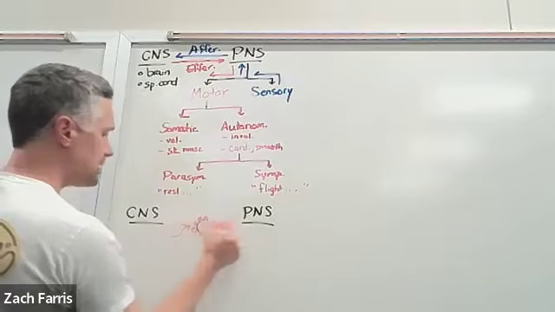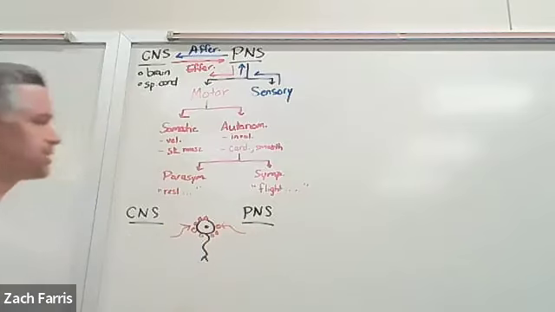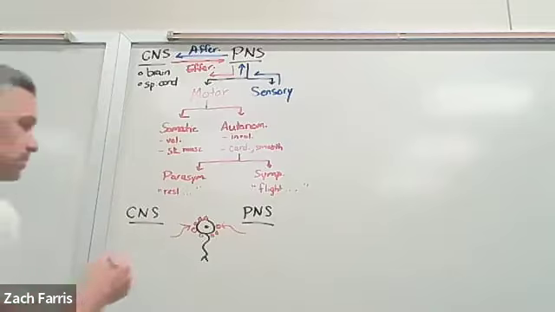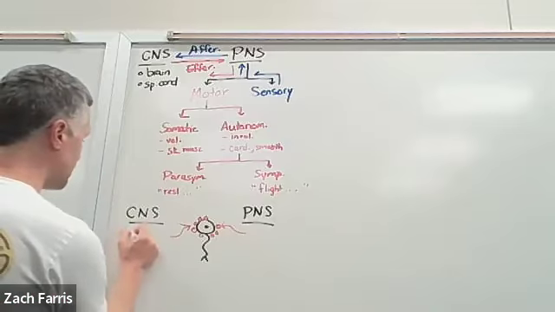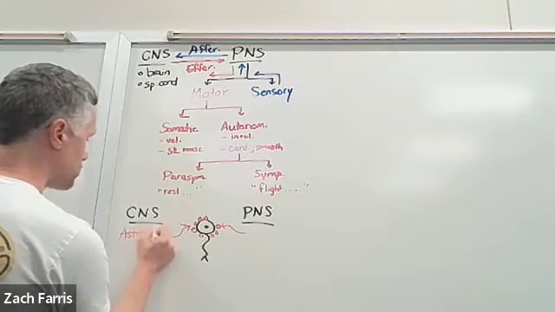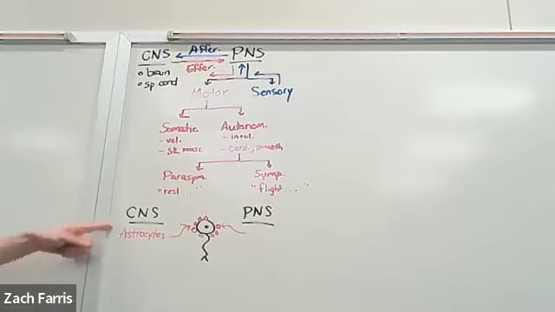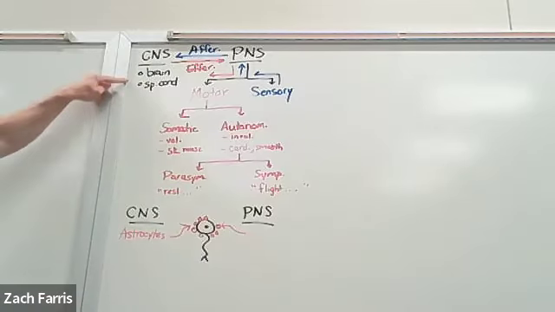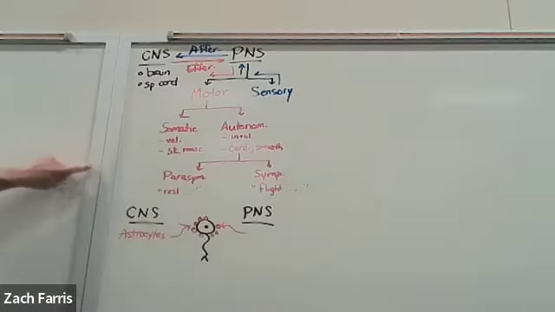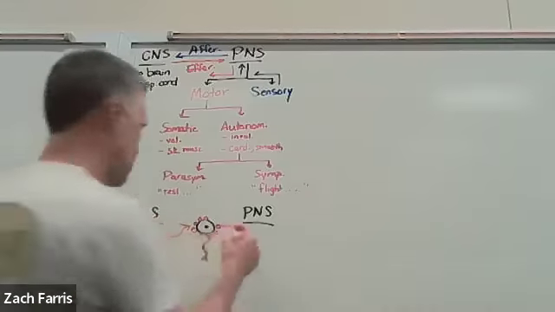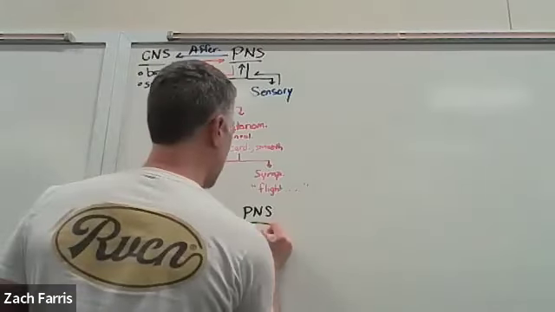What are these cells that surround a neuron cell body called? Astrocytes, if that neuron lives in your brain or spinal cord. But if that neuron lives somewhere out in your arm, those are what? Satellite cells.